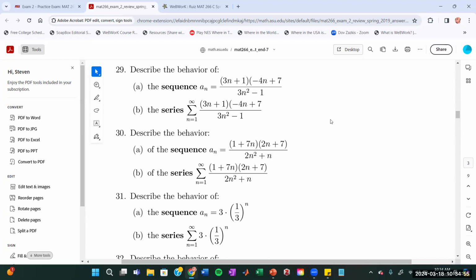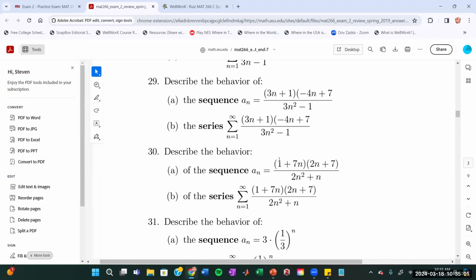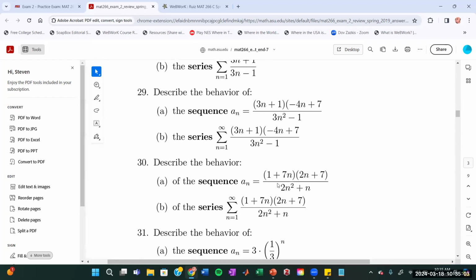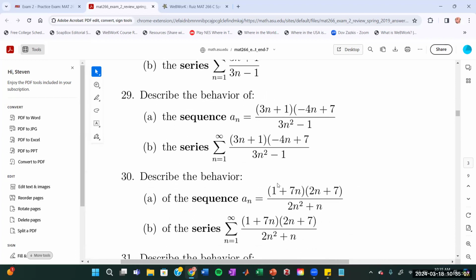You want to talk about 29? So let's let that be the standard. If the sequence converges, tell me what it converges to. Problem 29, you said negative, what was it again? -4. -4, how'd you get that?